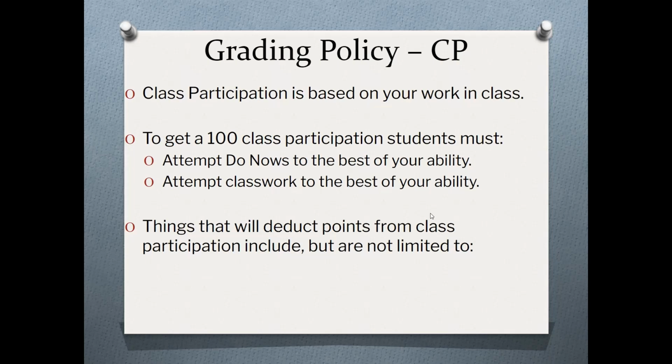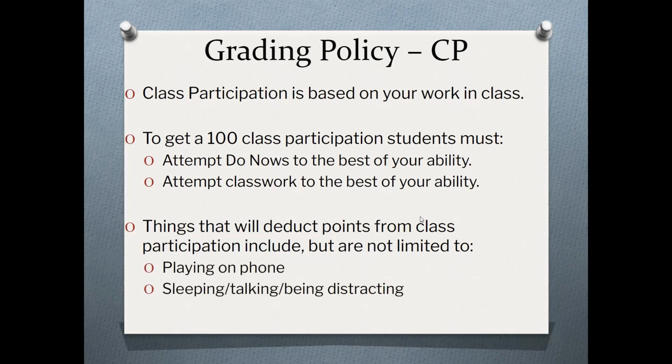Now, there are some things I would take away from this class participation. Usually, it's playing on their phone, not getting their work done, sleeping, talking, or being distracting. Anything that hinders other students or hinders their own work is what's going to affect this class participation grade. Of course, if they have already gotten their work done and they go on their phone, I'm going to be a little bit more lenient.